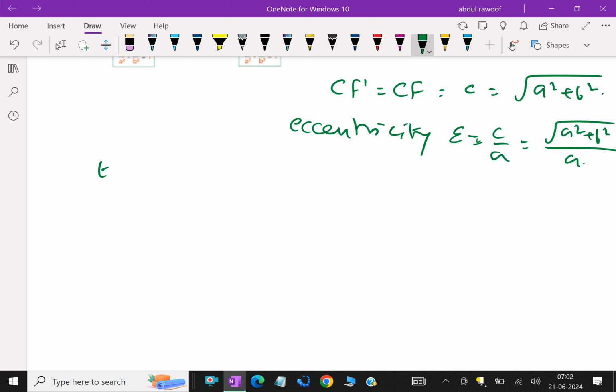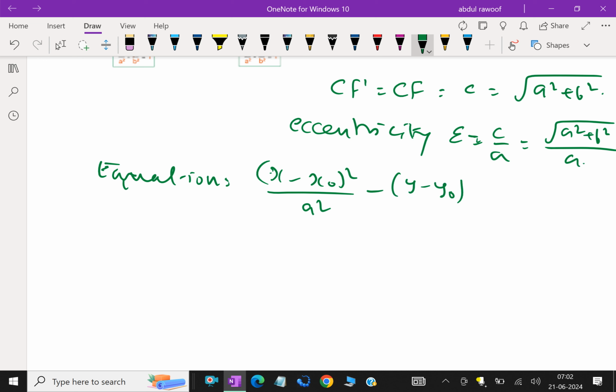The equation of the hyperbola is (x minus x0) whole squared over a squared minus (y minus y0) whole squared over b squared equals 1.